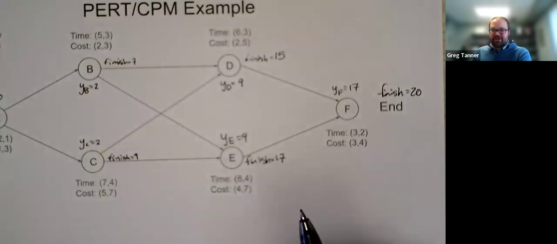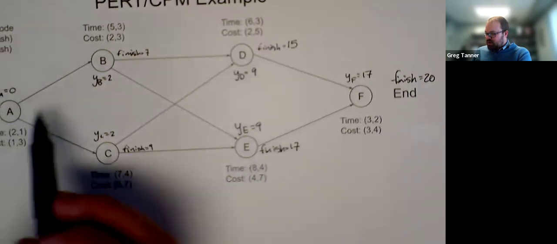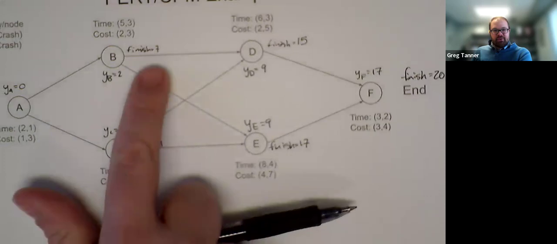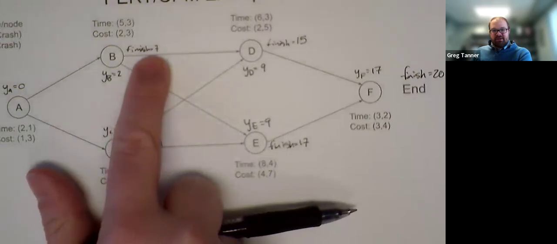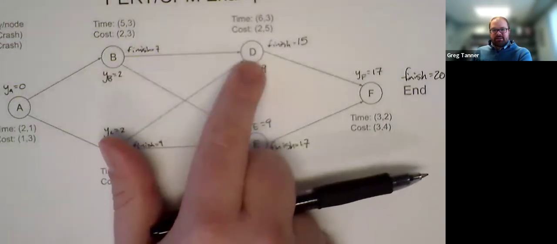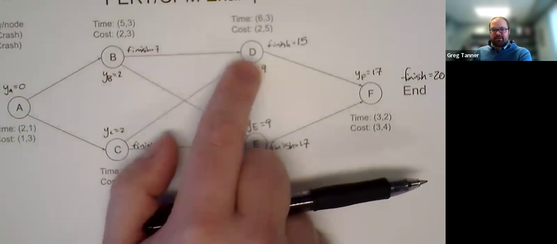Well, the critical path is the path that has no slack or waiting around along that path. So if I look at this, this one finished up at 7, and then we weren't able to start this until 9. And same over here, it finished at 7, but we weren't able to start it until 9.